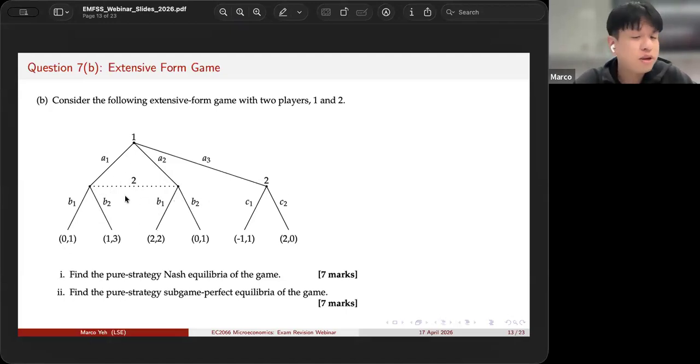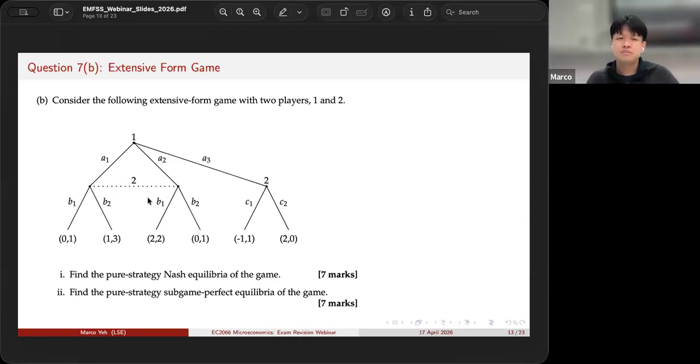They don't have the flexibility to choose B1 on the left and B2 on the right-hand side, or B2 on the left-hand side and B1 on the right-hand side. The two game nodes must have exactly the same strategy chosen, by definition of the information set. So that's the rule of the information set.